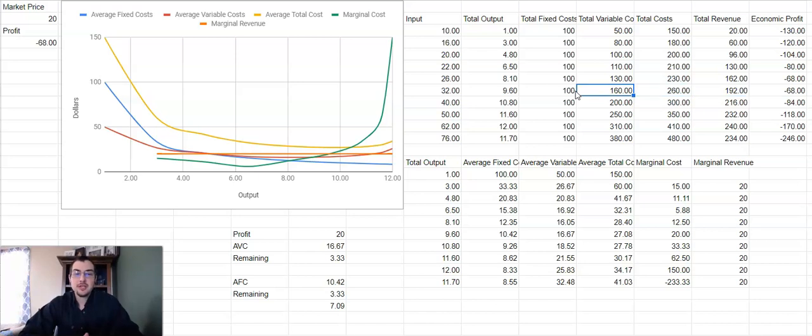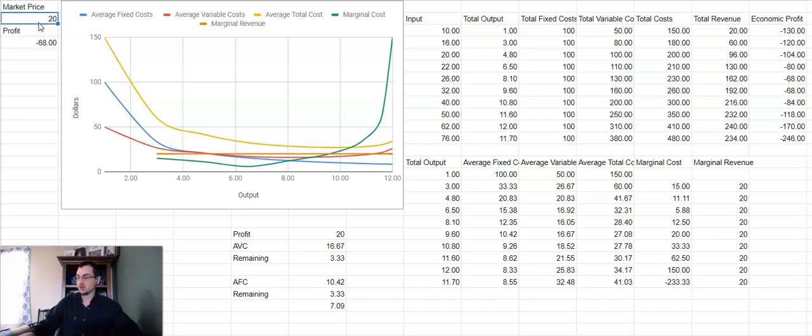So we're going to have $32 left over. That $32 then goes to pay off part of our fixed costs, leaving only $68 remaining. But if we were to shut down right then and there, our fixed costs would still remain the same at $100, and we're not covering any of those fixed costs. So we're going to continue to operate in the short run to still cover some of those fixed costs.